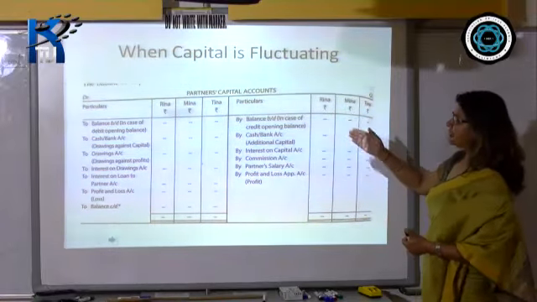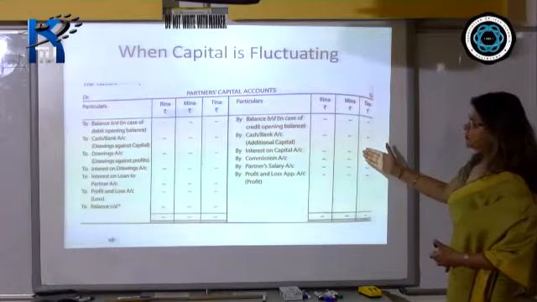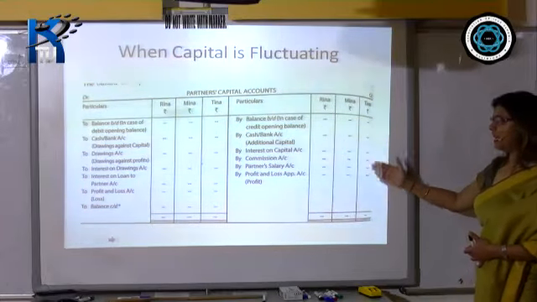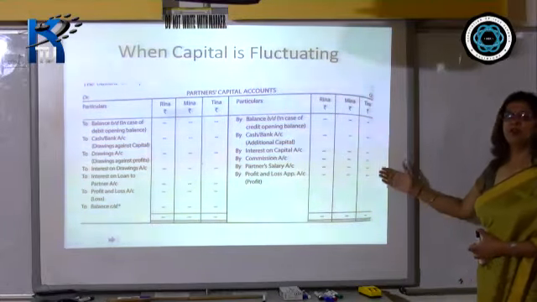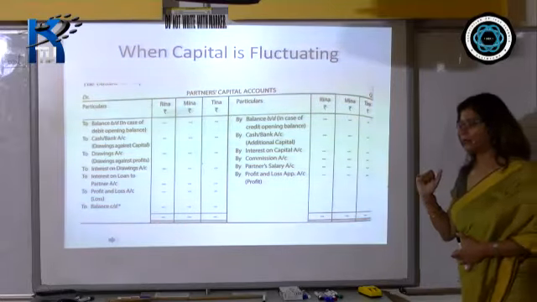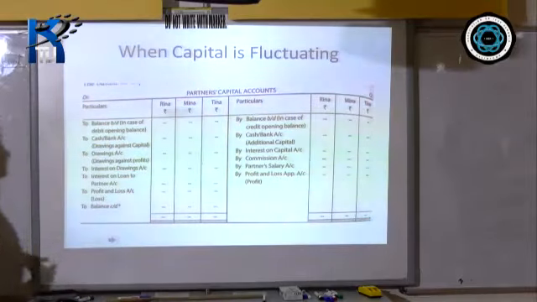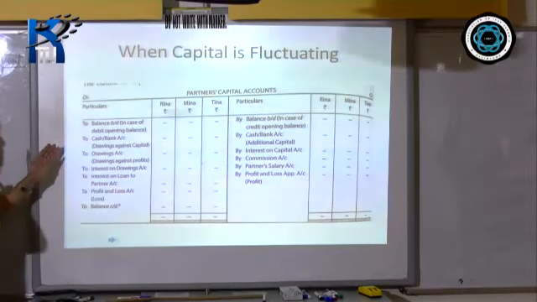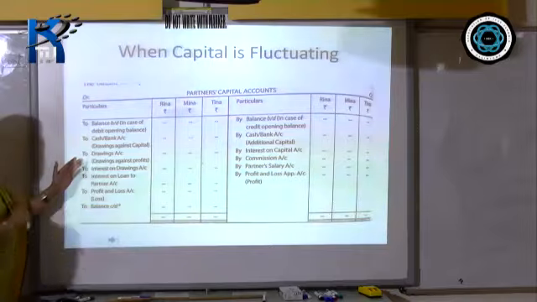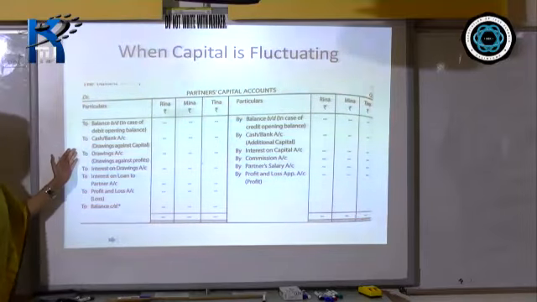So the balance of capital, the additional capital, interest on capital, commission, salary, and the divisible profits come on the credit side of the partner's capital account. Whereas on the debit side, in case we have a debit balance, it will be written here. Then in case we have a drawing against the capital, it will come here.